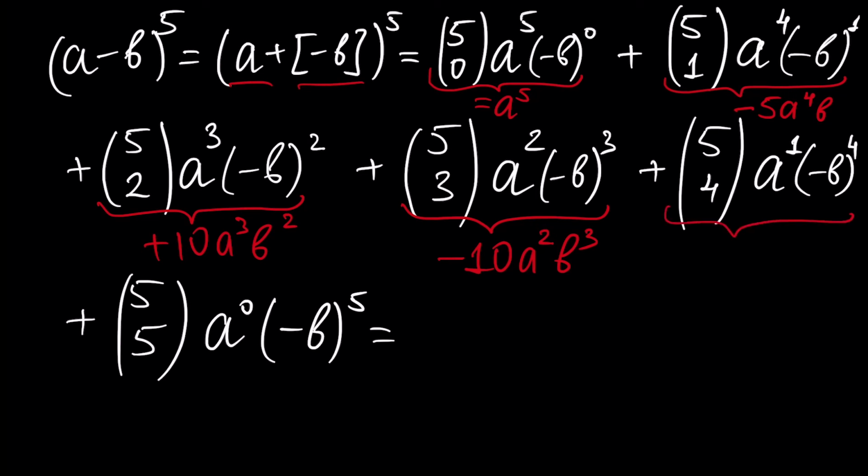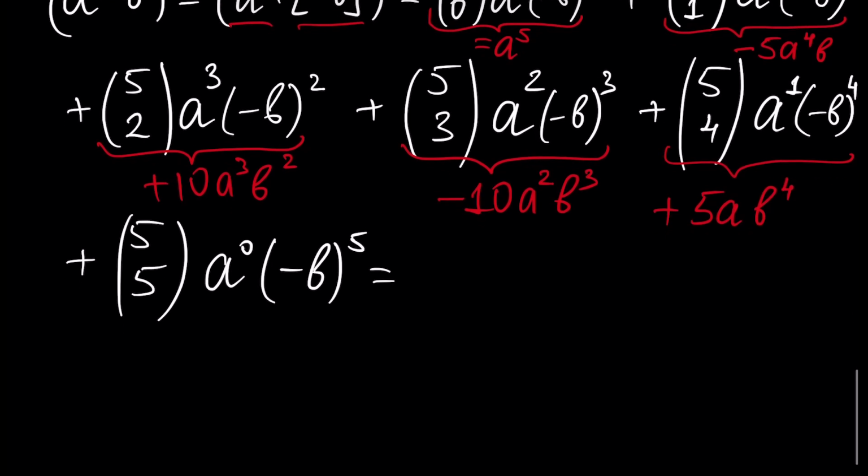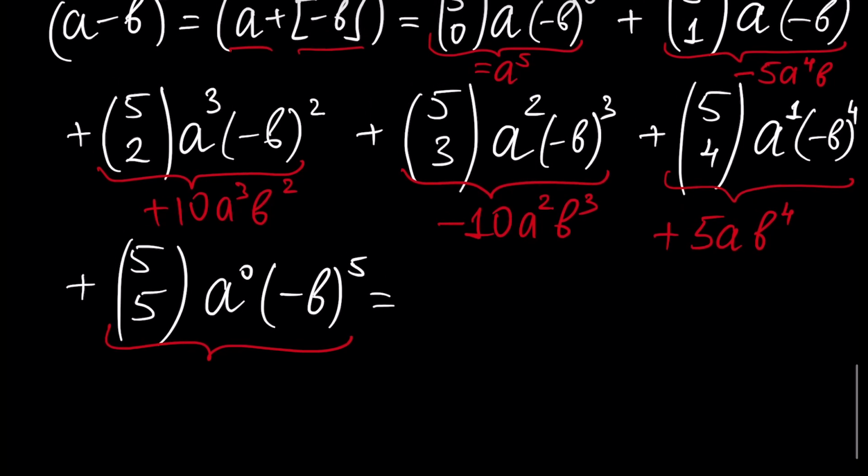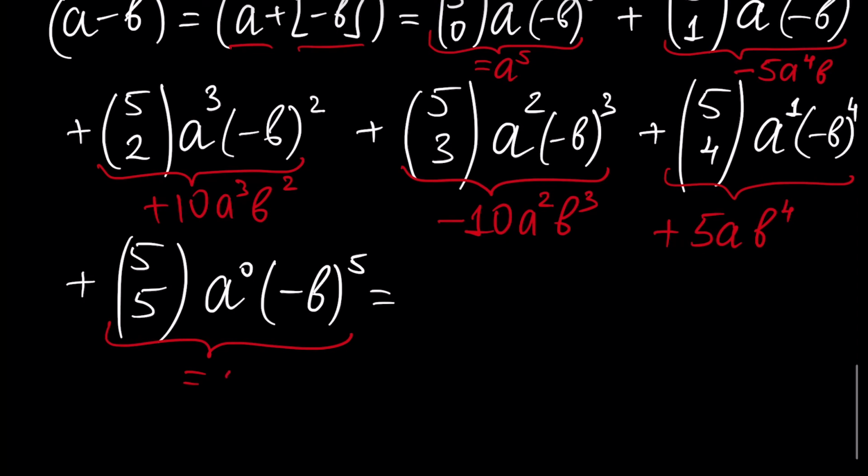Here 5 choose 4 is equal to 5 choose 1 by previous feature of this object. It will be 5. So we have 5 a and b to the power 4. And last, 5 choose 5 will be equal to 5 choose 0. This is equal to 1. We do not write 1, since a to the power 0 is equal to 1.